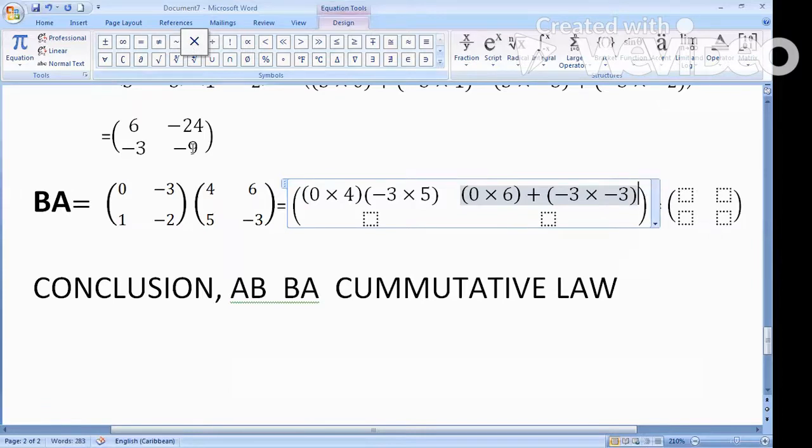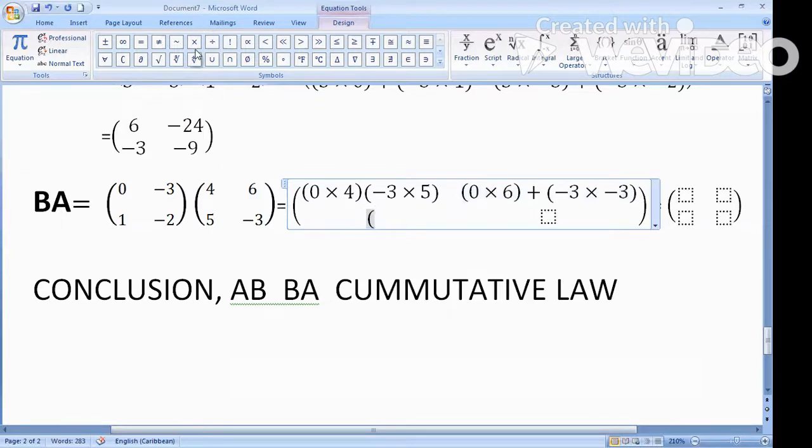At the bottom now, you're going to have 1 times 4 plus -2 times 5.